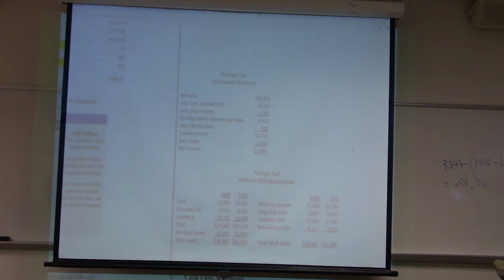Yeah, it's Precision Tools 2008-2009 balance sheet and income statement. I just got the information from there and then in the end just changed the orders. It's a small company. Anyhow, at least this is an exercise for textbook questions.